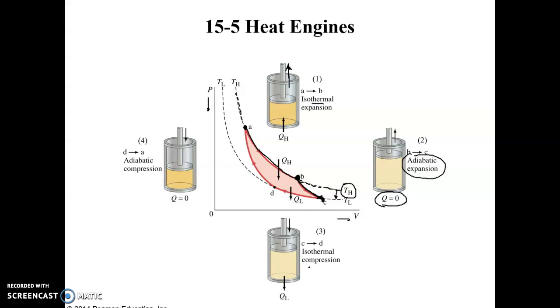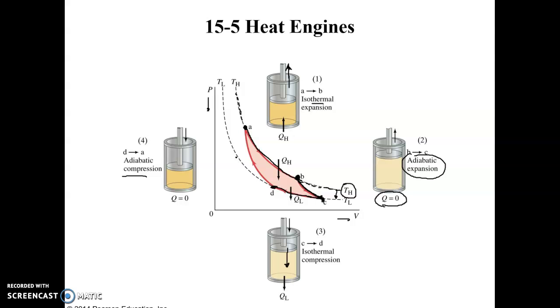Then we're going to have isothermal compression. We're going to keep the temperature the same, but this time the piston is going to come down and compress the gas. So the volume is going to go down. We're going to go to the left, but we're also going to start to go up. The pressure is going to begin to increase. Then we will have adiabatic compression. And again, when you compress a gas, you increase its temperature.